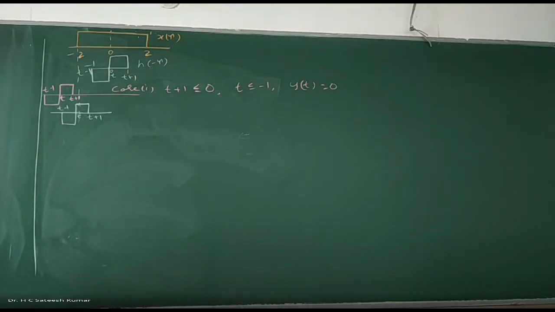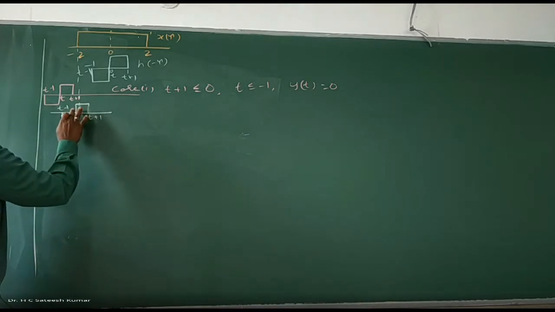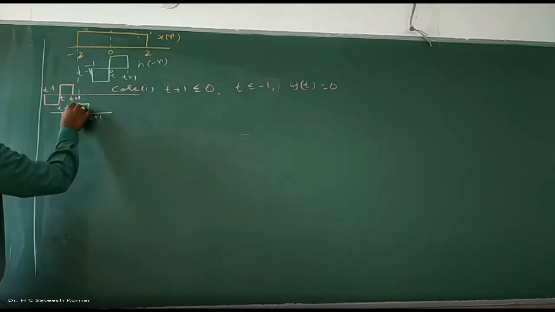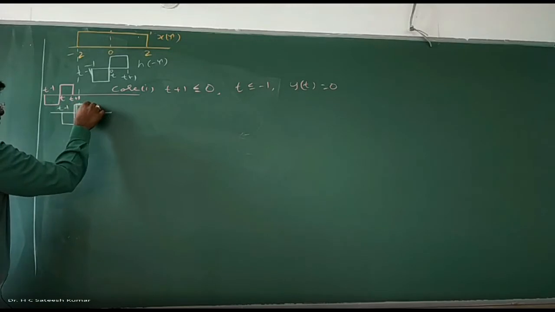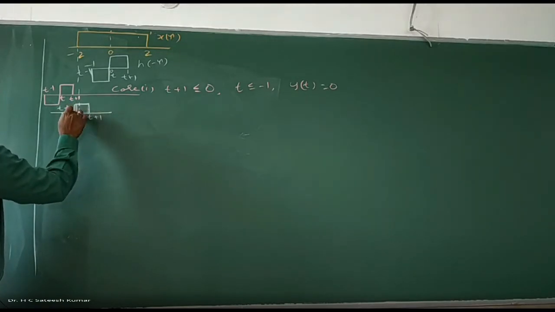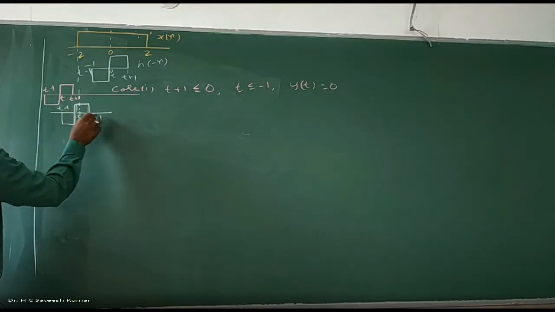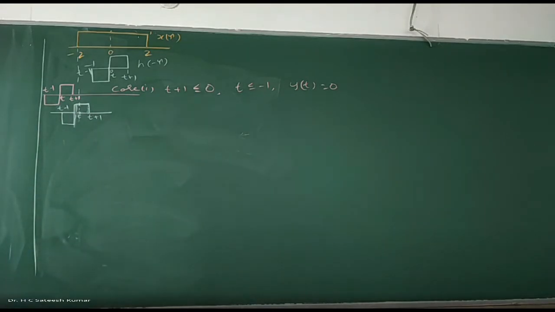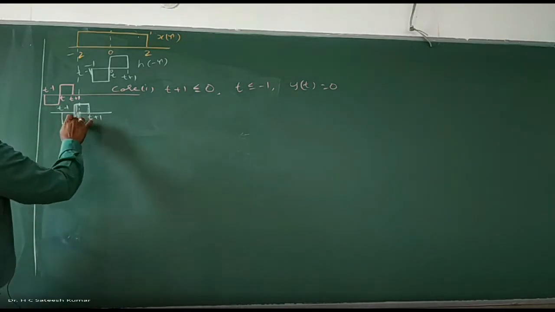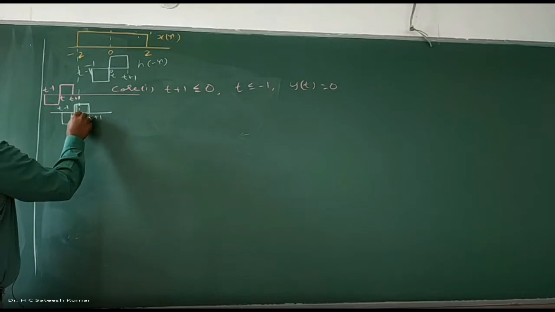As long as only one unit is overlapping, what can you write? This corresponds to this: this is your t, this is your minus 2.